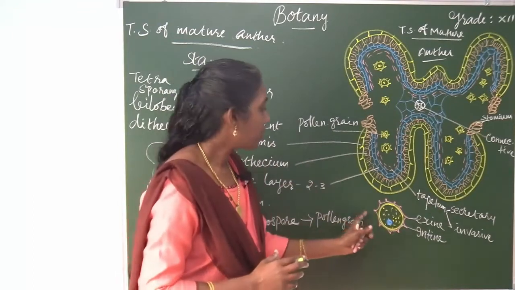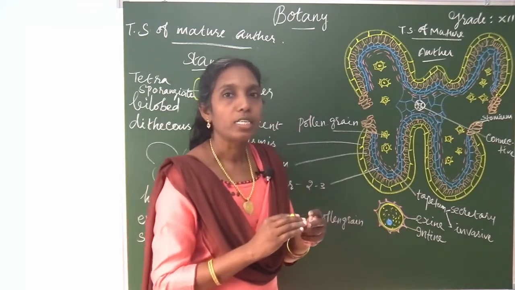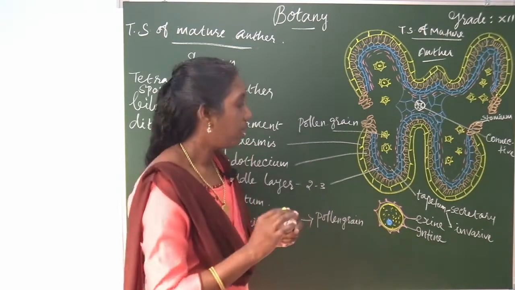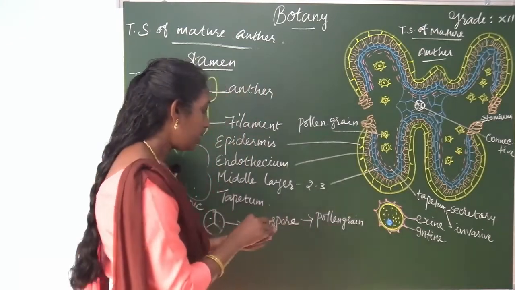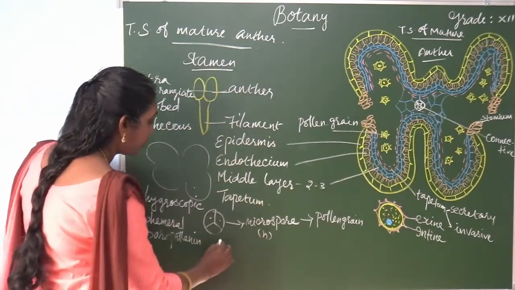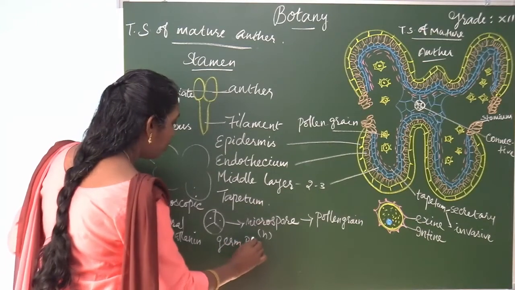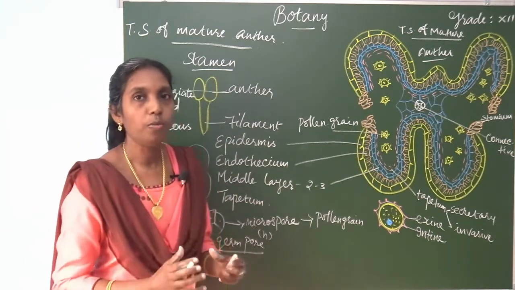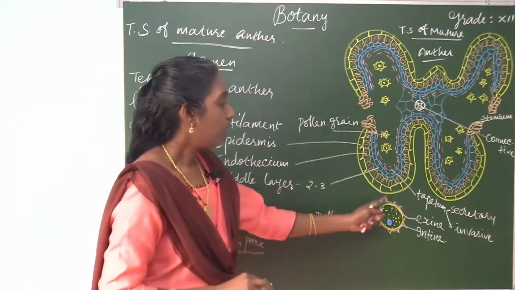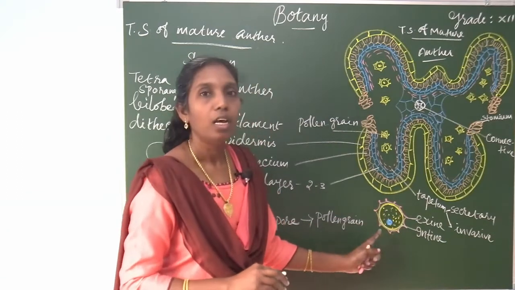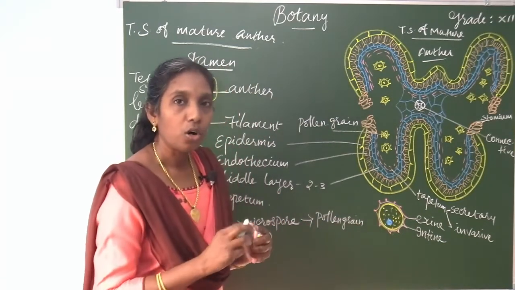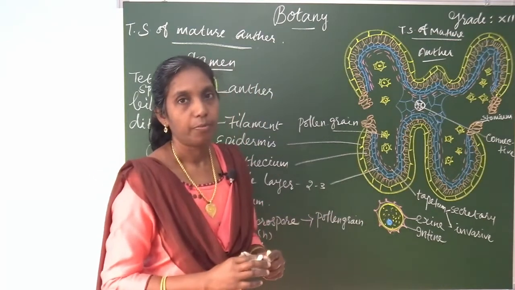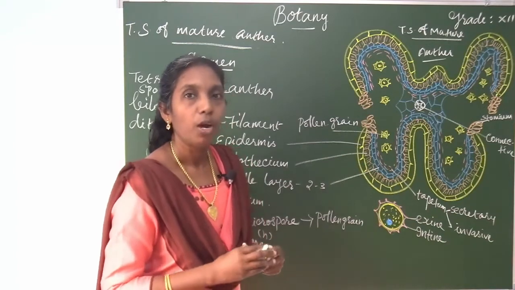In certain regions of the exine, sporopollenin is lacking or absent. These regions are globular in nature and they are called germ pores. Through this germ pore, the pollen tube develops. So it helps in the germination of the pollen tube.